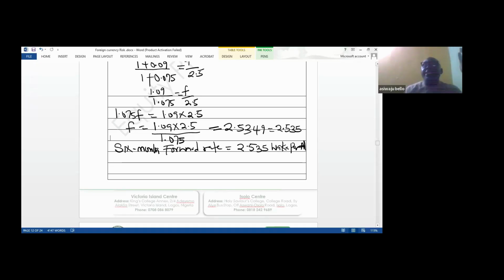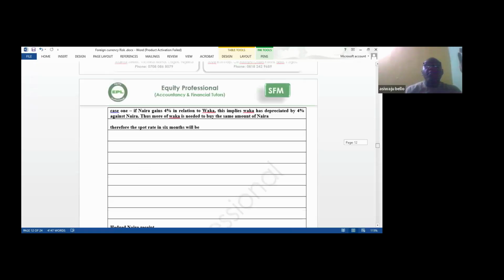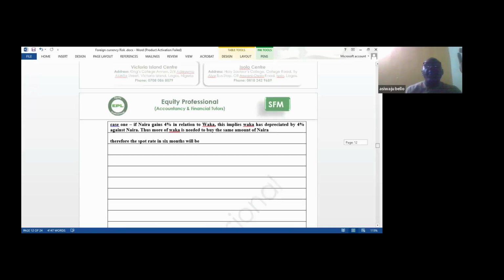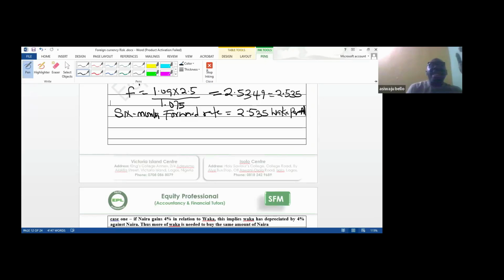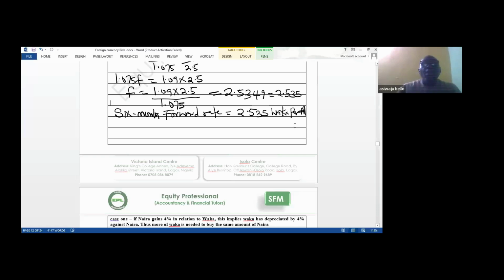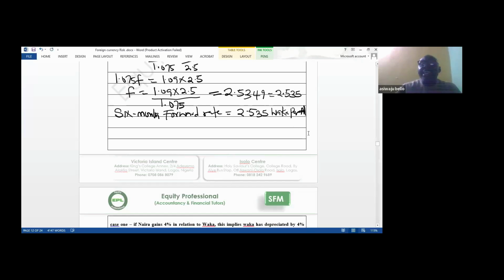We can now determine the naira amount for our forward market hedging. Our company based in Nigeria, we are expecting 500,000 waka in 6 months' time.